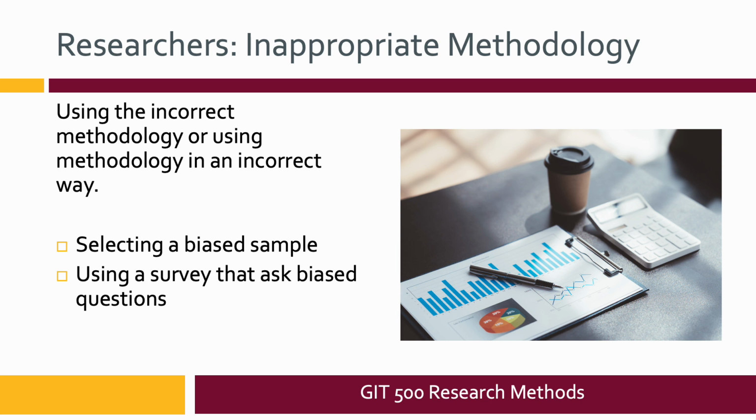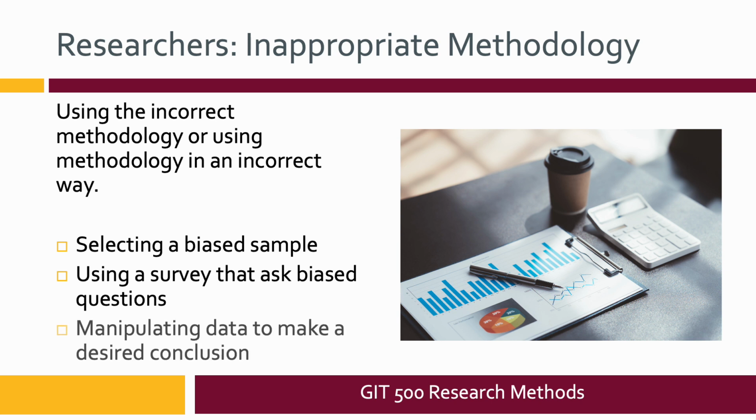Or using a survey that asks biased questions, that is also not ethical. And then the big one that we see in the news, unfortunately too often, is researchers manipulating data to make it come out the way that they want it to come out.